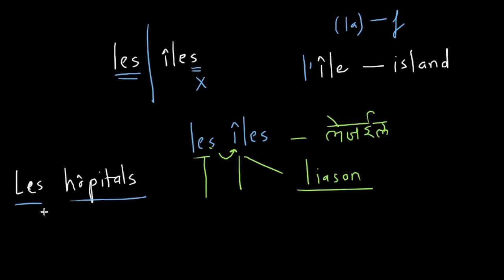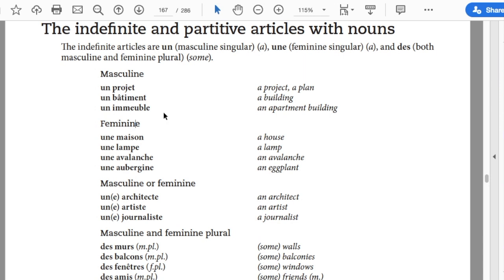So the thing that happened here is because this was H, either vowel or H, you're going to join the sound. And now because S is between one vowel and one H, which is considered a vowel, it becomes Z. So les hôpitaux.